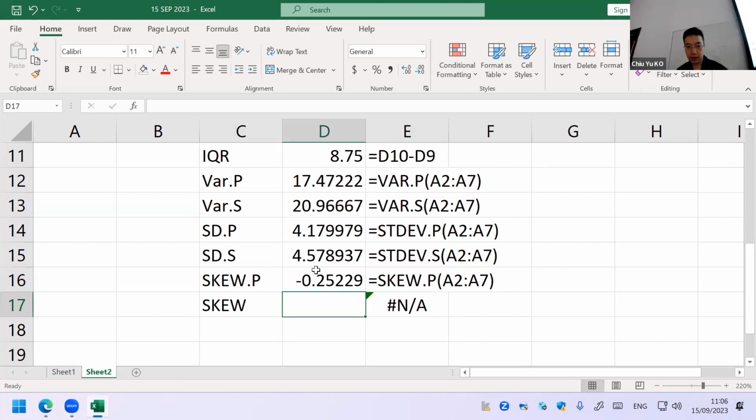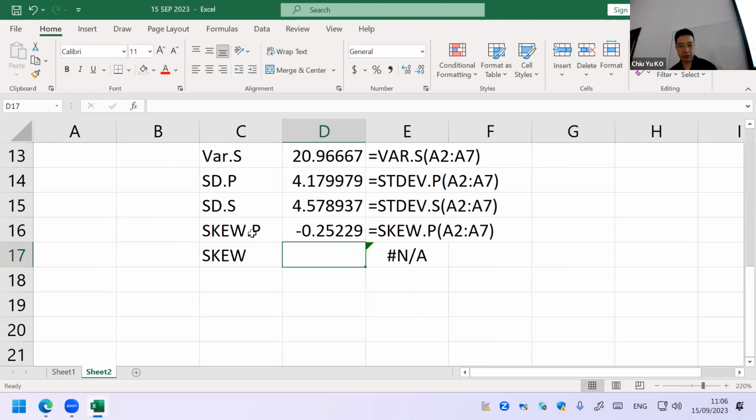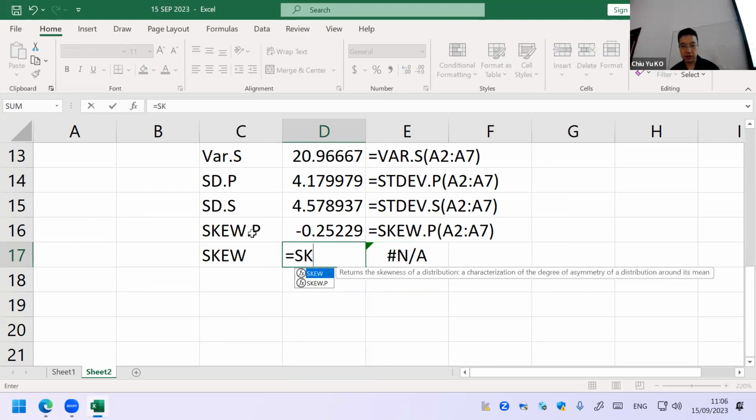It's negatively skewed for this data. Why? Because look here, the last number is here. The mean is like 6, and there's a lot of 1s. The 1 is making this a problem. But if you look at the skew, then probably it shouldn't be a big issue.